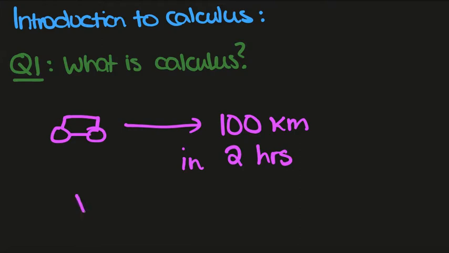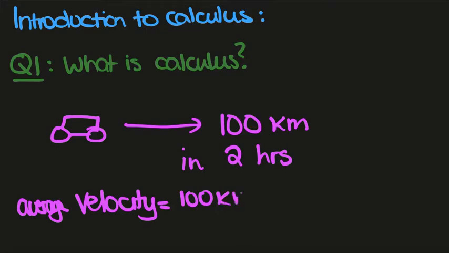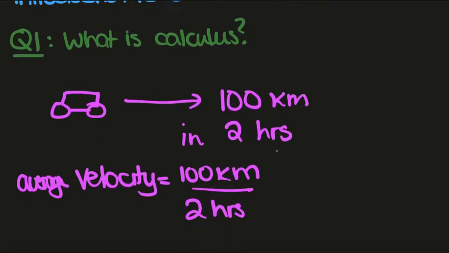Well, you can tell me the average velocity, which is just the distance divided by the time. So I traveled 100 kilometers in 2 hours, so I must have traveled 50 kilometers per hour.